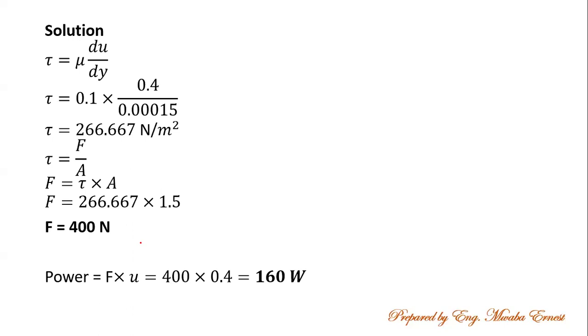What about the power? It's supposed to be force times velocity. Power, force times velocity. How? We know that power is work done over time taken. Then we also know that work is actually force times distance. So force times that distance, which can be d or s.